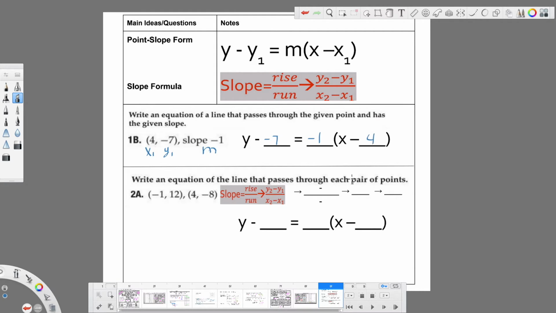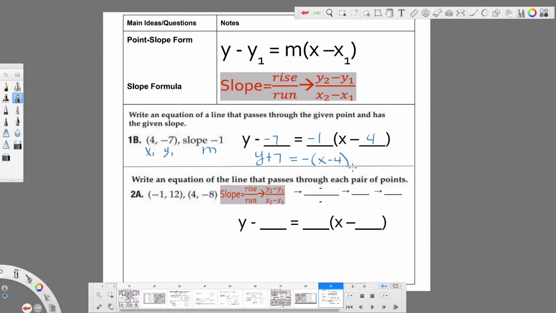We do need to clean it up a little bit, because Alex would not be happy about this. We don't want to see minus negative, so we'd have to go y plus 7. And then equals, we really wouldn't need to put the -1 on the front. We'd just go negative like this. Alex may even want you to distribute that, but it should be okay with you leaving it there.